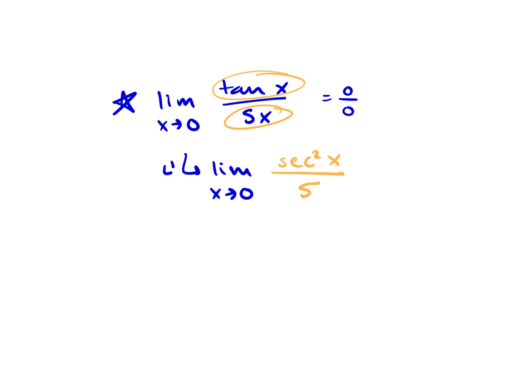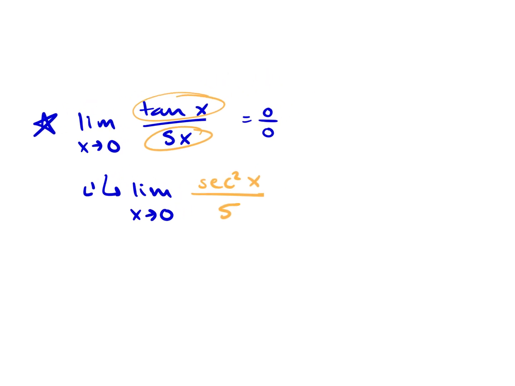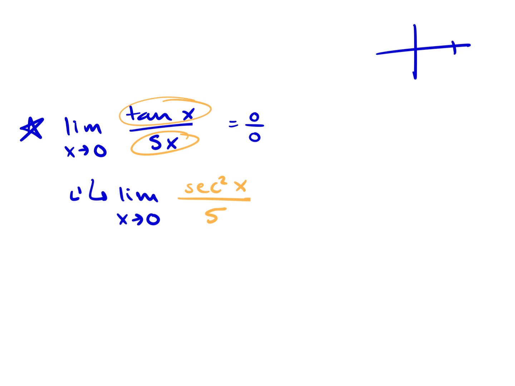Then when we plug in 0, secant of 0, on our unit circle, is 1 over 1, so that would be 1 over 5. That would be your answer. I'll give you guys the unit circle, but that's the only thing I'm giving you.